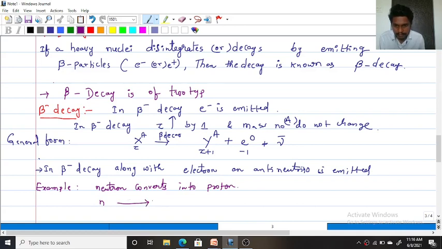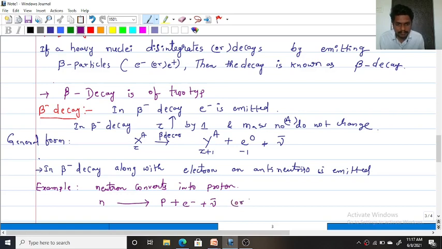When a neutron undergoes beta decay, a proton is formed: proton plus electron plus anti-neutrino is emitted.